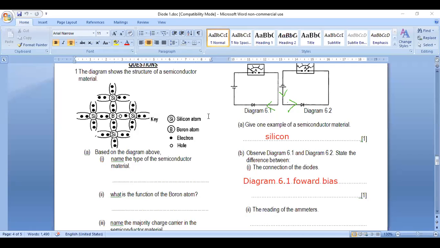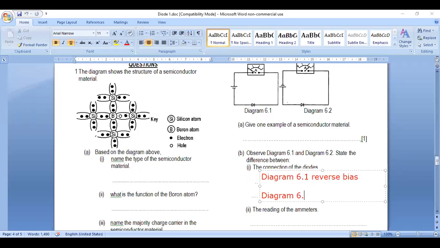Diagram 6.1 is reverse bias. Okay, diagram 6.1 reverse bias. Diagram 6.2 is forward bias.